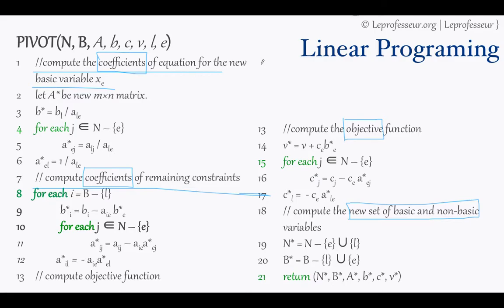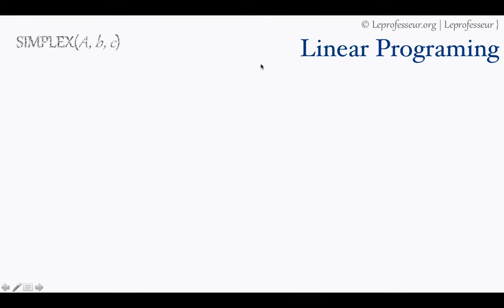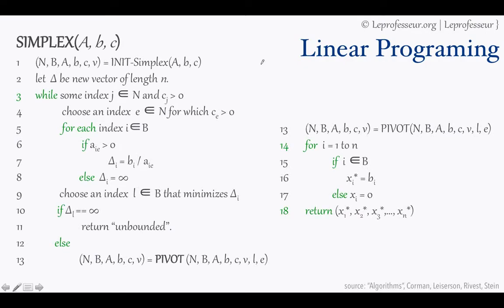And how can we write the simplex algorithm? Very simple. We take the original problem, meaning the matrix of coefficients A, which are our constraints represented by constraint equations, and b and c, which we discussed earlier, that is, how we can represent the system of these equations in matrix form.